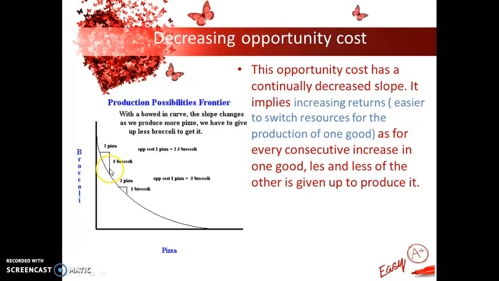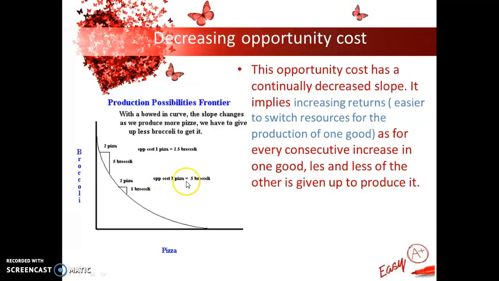So in order to produce more pizza right here, they'd have to give up 5 broccoli. And in order to produce more pizza right here again, then they would have to give up 1 broccoli. So you see that it's less. It's less, right? So in essence, the opportunity cost of producing 1 more pizza is 2.5 broccoli.